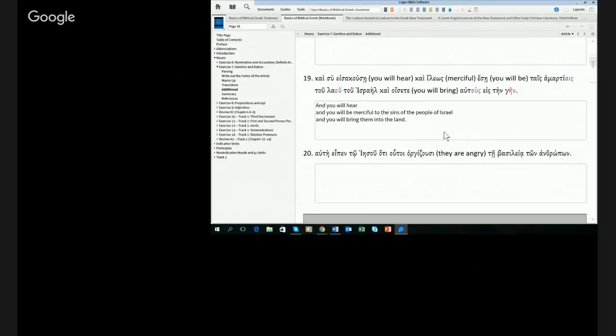So starting from the second clause, which is where you could start to have some contribution, you will be merciful, tais hamartiais tou laou tou Israel, to the sins of the people of Israel, kai oiseis autous, and you will bring them, direct object, eis ten gen, into the land. If you're explaining the function of eis ten gen, gen is the object of the preposition eis. Eis plus the accusative means into.